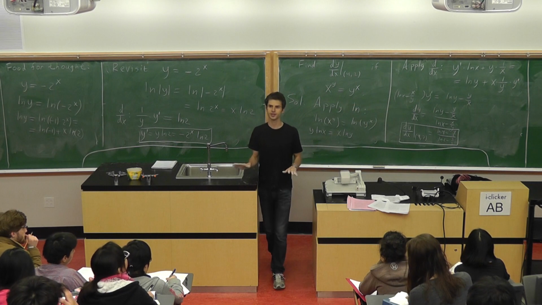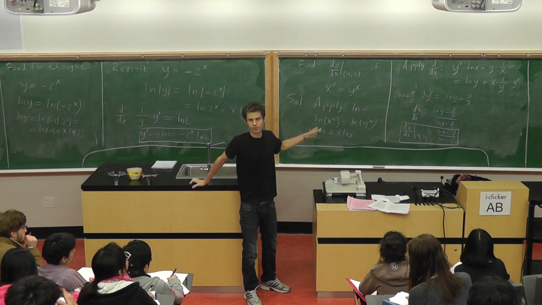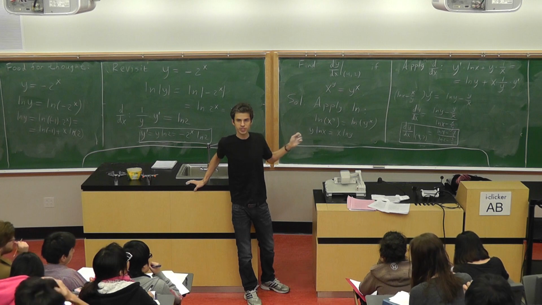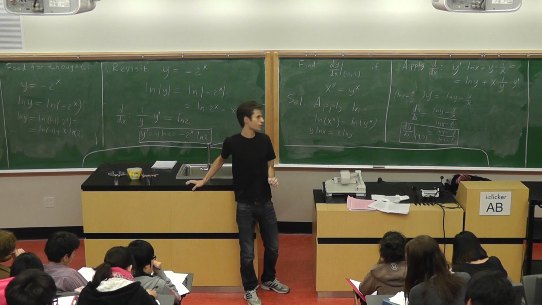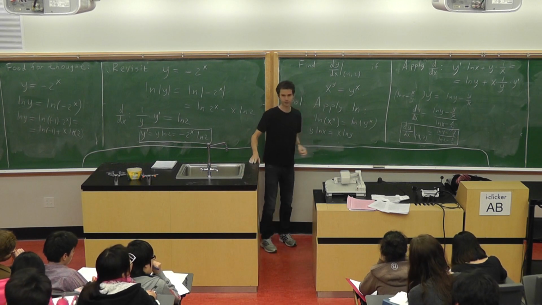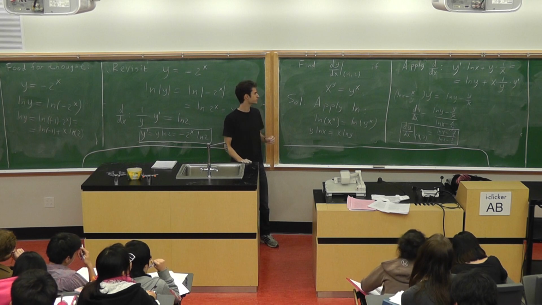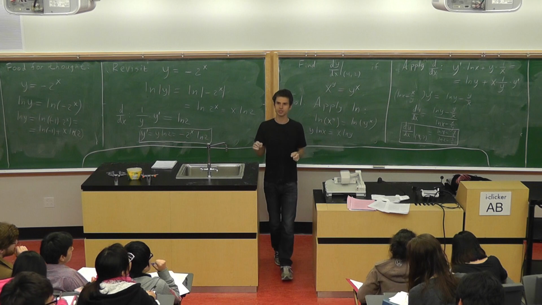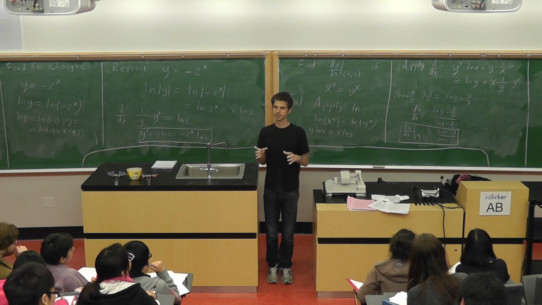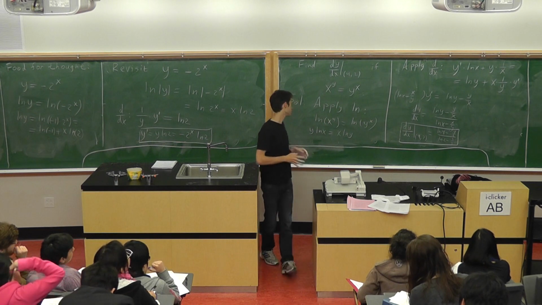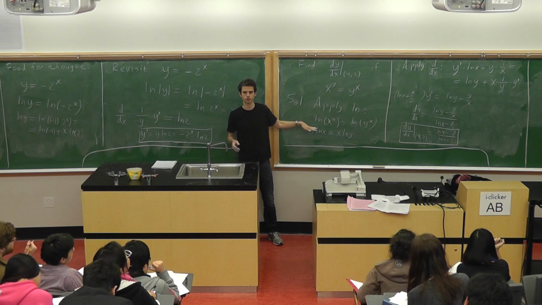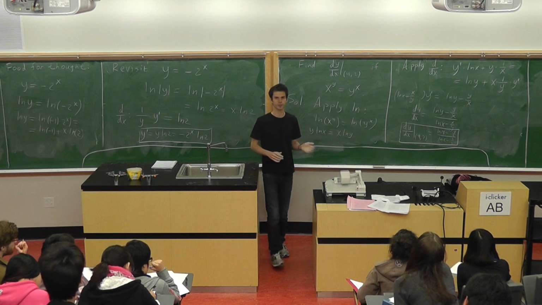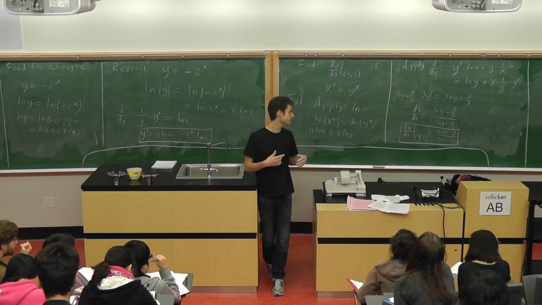So basically, why I wanted to give this example is not really because of the particular computation or particular numbers, or even because of this very funny equation. It's because sometimes we don't want to apply implicit differentiation to the original equation. Sometimes we want to transform it. And one way to transform it to get a simpler equation is apply logarithm.